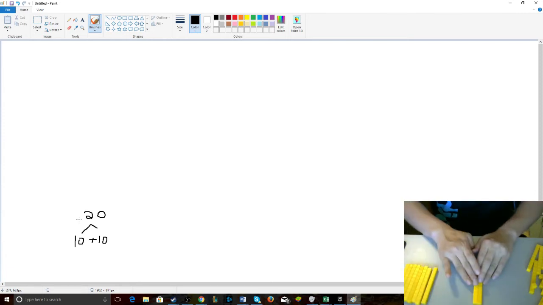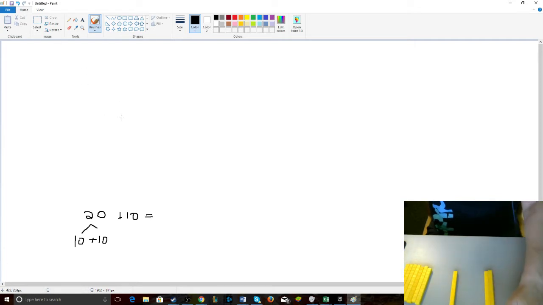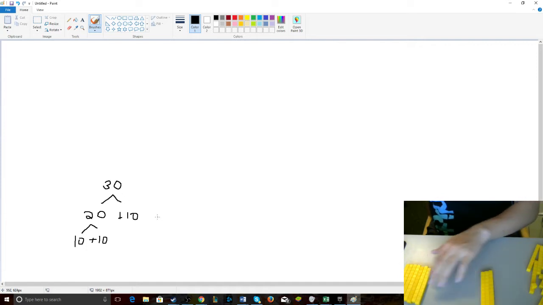And then we take this 10, and this 10 would be shown by adding another 10 right here, plus 10 equals 30. If we add 10 more, that would equal 40.